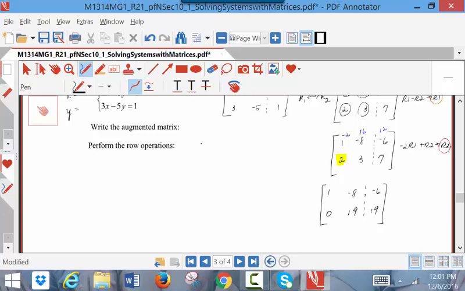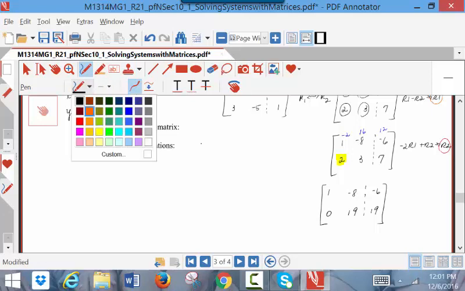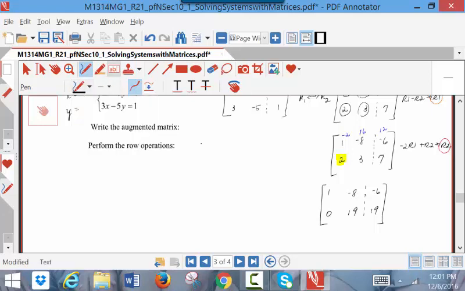Now I want the other diagonal to also be a 1. I want this 19 to be a 1, so my diagonals are 1s. To do that, I'm going to take 1/19 times row 2 and put the results into row 2.